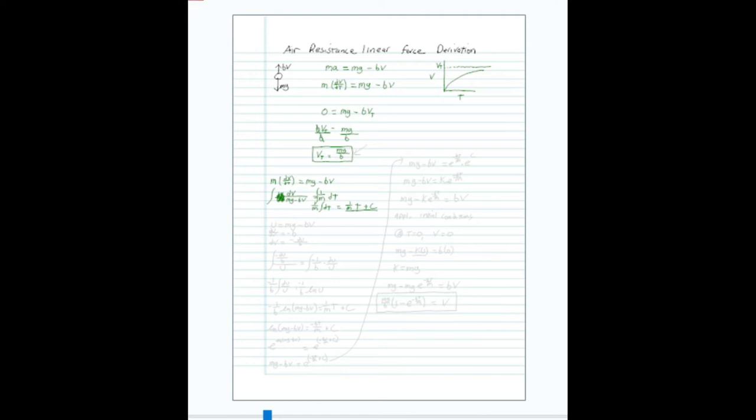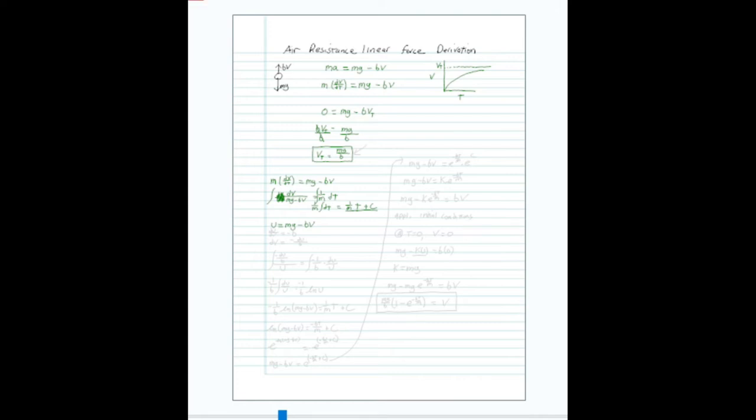So what we're going to do is a technique called u substitution. We're going to try to simplify this integral by using u substitution. I'm going to introduce a new variable, I'm going to call it u, and I'm going to say that u is equal to mg minus bv.